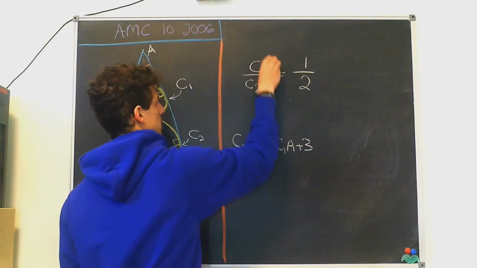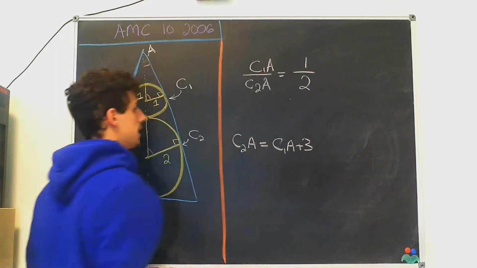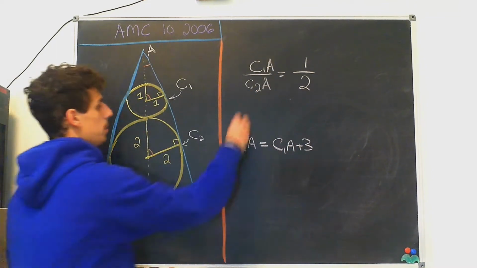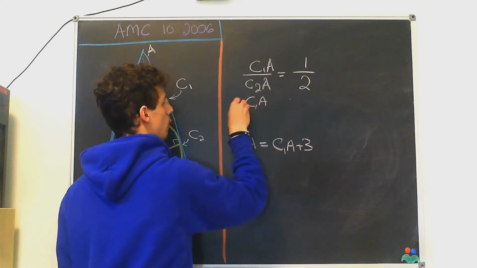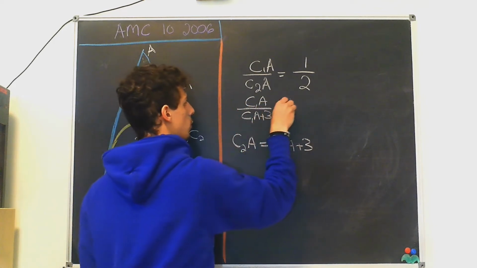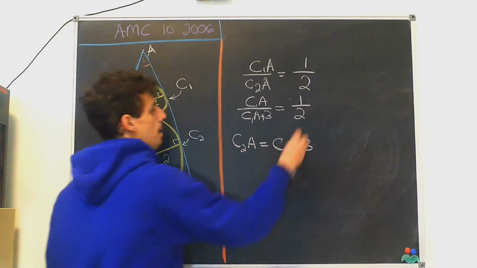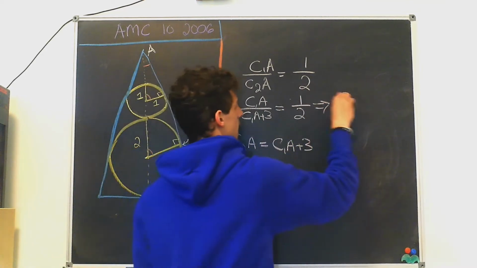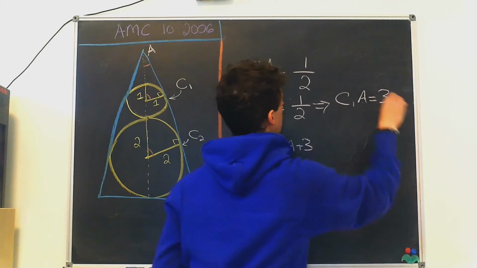I'll put this as C1A and C2A so that we know what we're working with. That means we have C1A over C1A plus 3 equals 1 over 2. That means C1A is equal to 3.